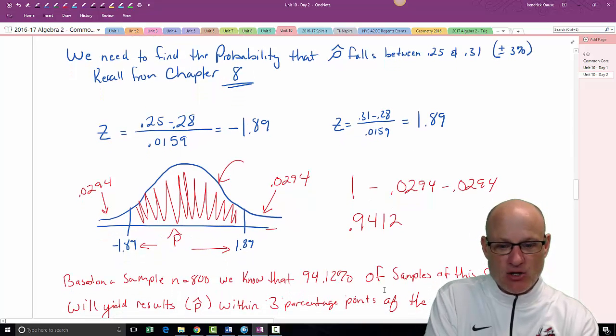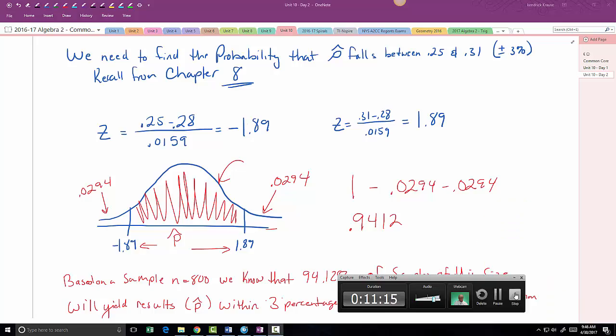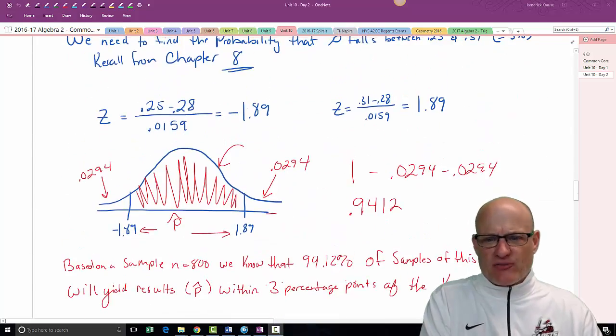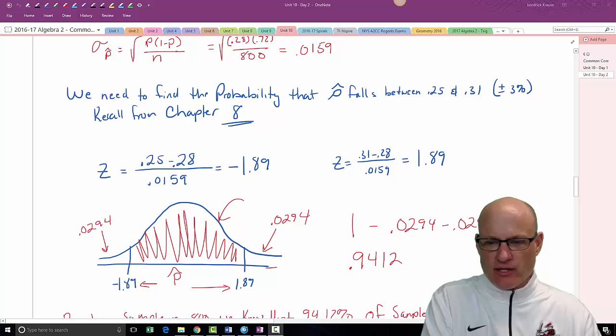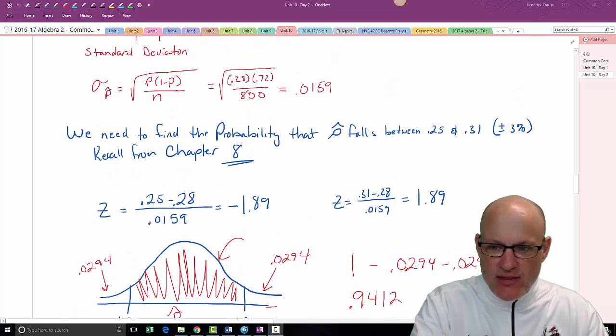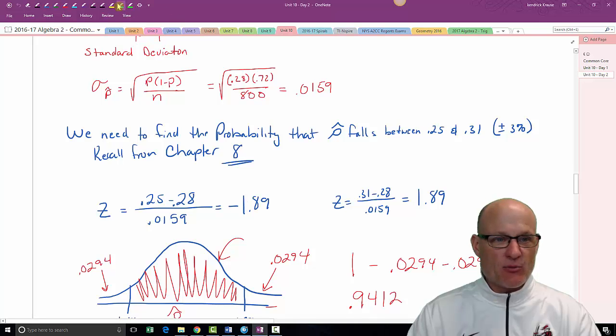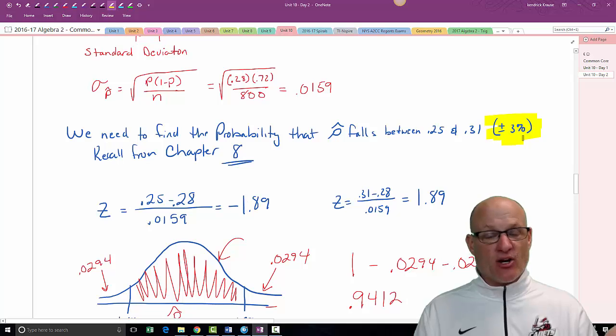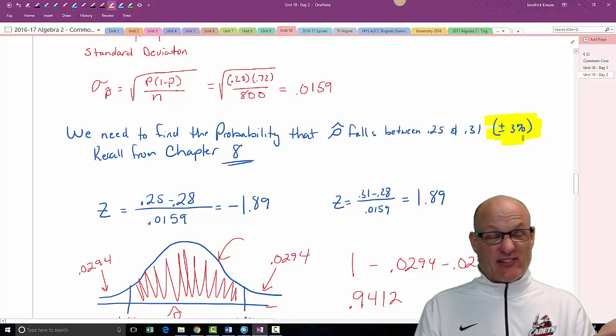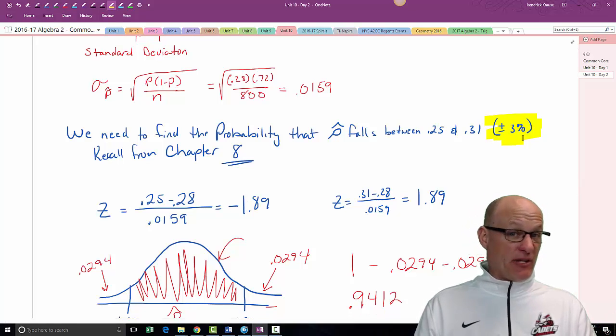All right, we're going to keep going. I should have made one last point clear, and I want to be very, very clear with this. This 3% plus and minus 3% that we put right here had nothing to do with, if you go up 3%, down 3%, that's 6%, and that's why we came up with 94.